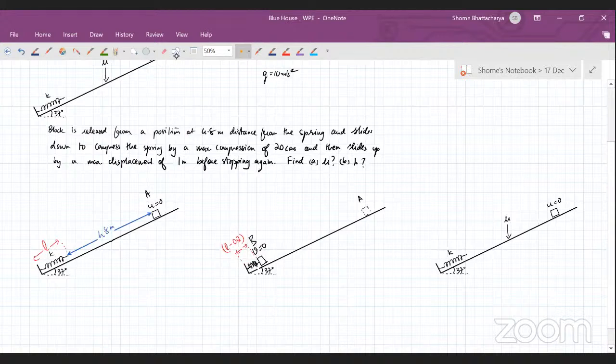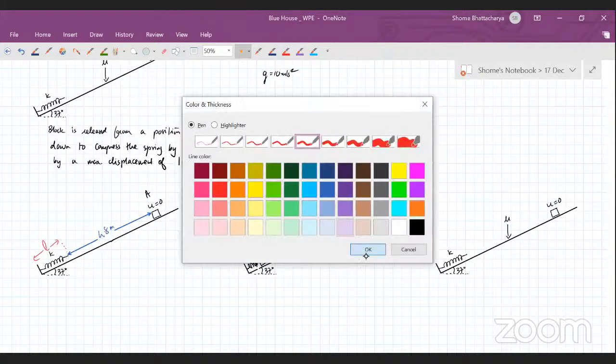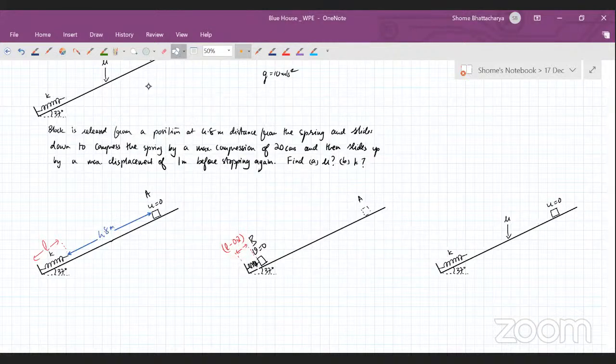Okay. So that means how much is the displacement of the block from A to B? This displacement is actually 5 meters. 20 centimeters, that's 0.2 meters.